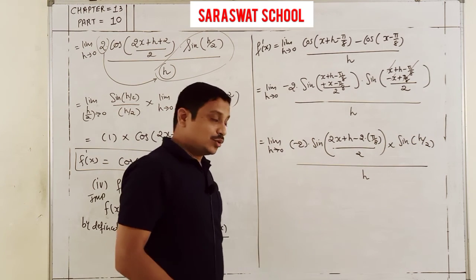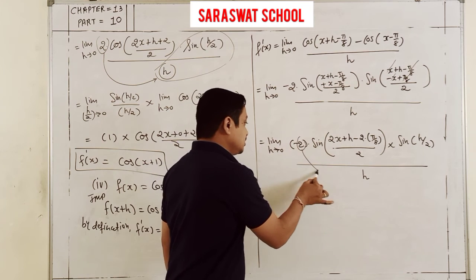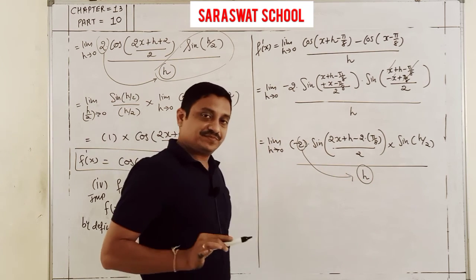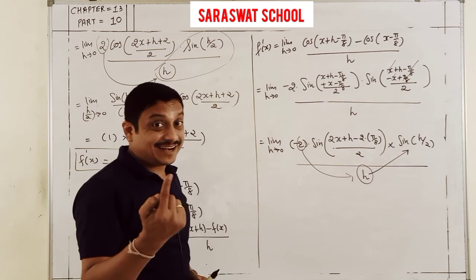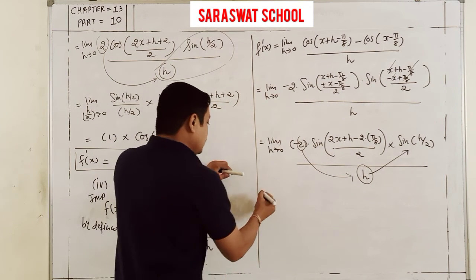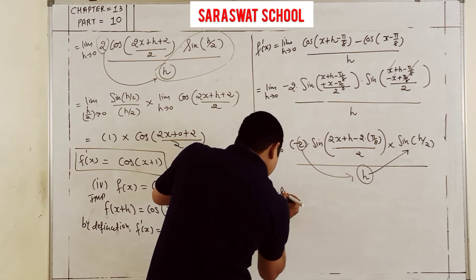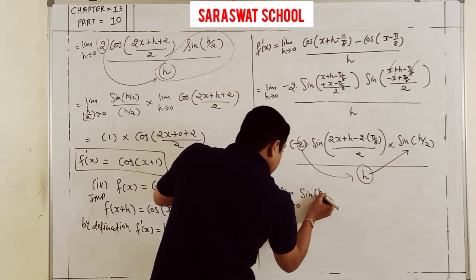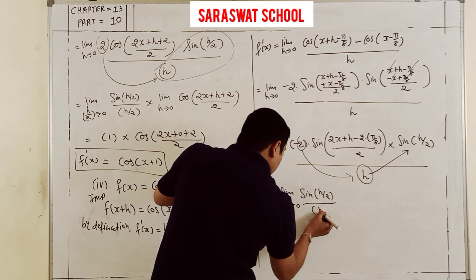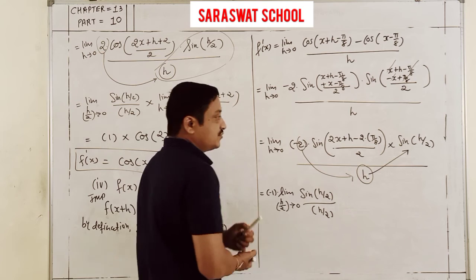So here this 2, if divided with h, is indirectly 1. So minus outside, limit h by 2 tends to 0, sin h by 2 upon h by 2. That's the first value.